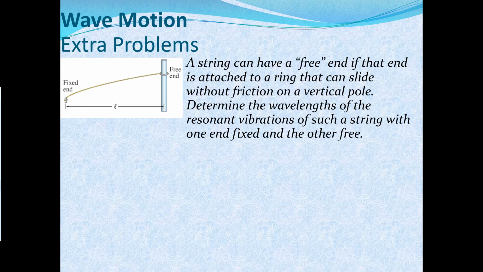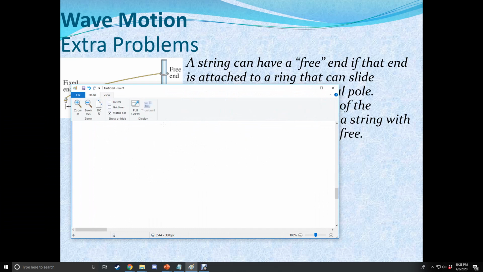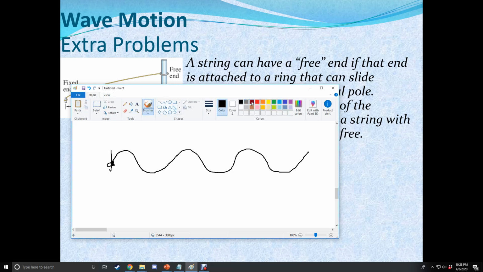So if we look at the waves, we have a wave being produced here. I'm just going to make a big wave like that. Our node is here. Now our antinodes are going to be at this location, this location, this location, and so on and so on. This is a quarter of a wave away from that node.